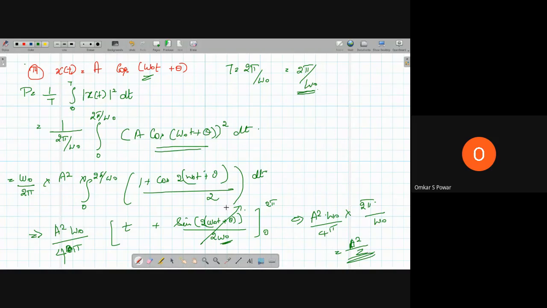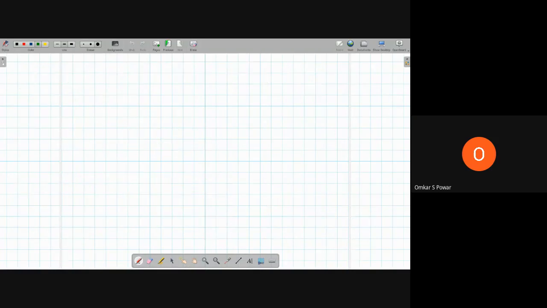Now we have seen some problems with respect to energy and power signal. Okay. Now there will be some variation. So what variation you can expect? Okay. So let me give you an example. So let us take this example.